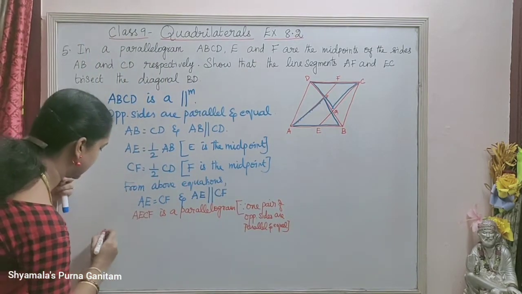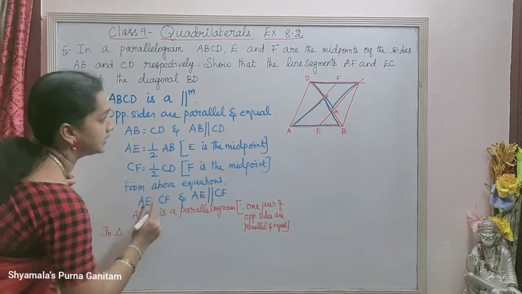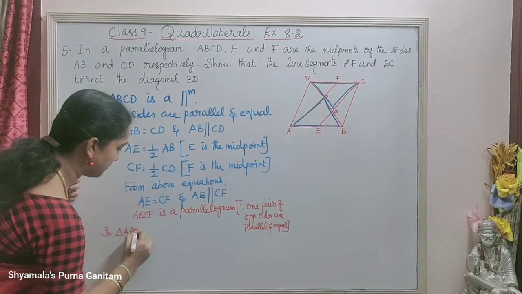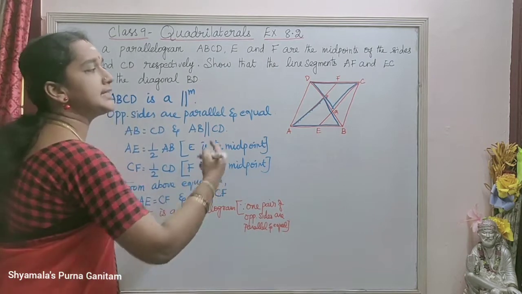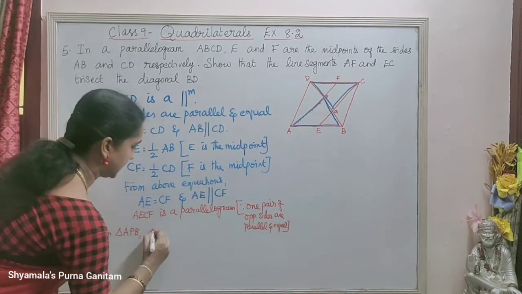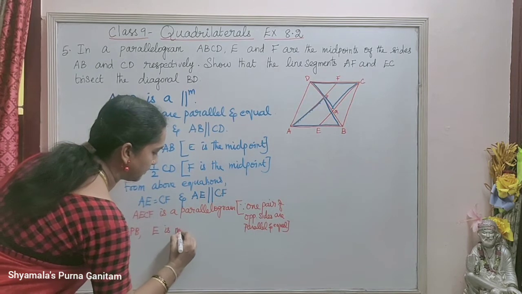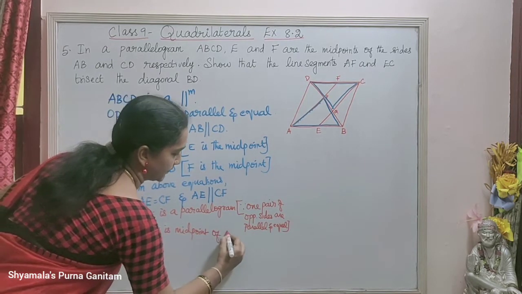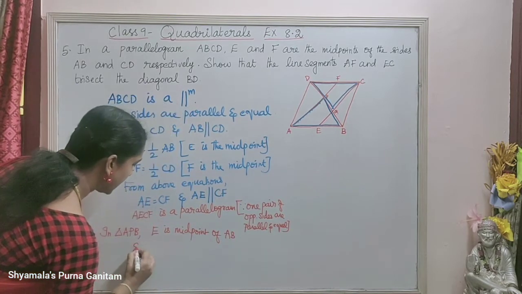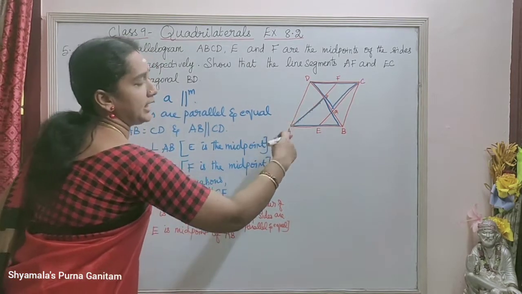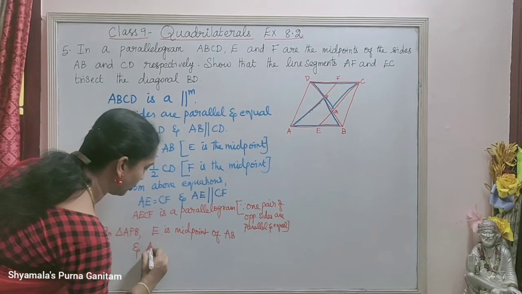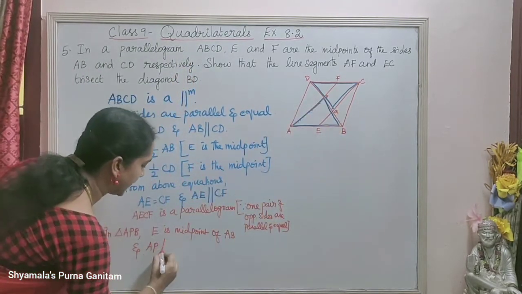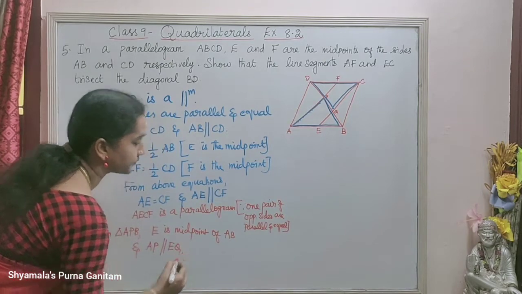First set: in triangle APB, E is the midpoint of AB, and AP is parallel to EQ.